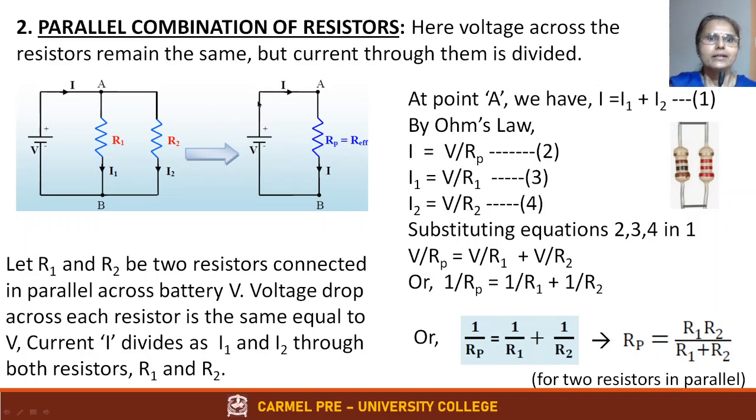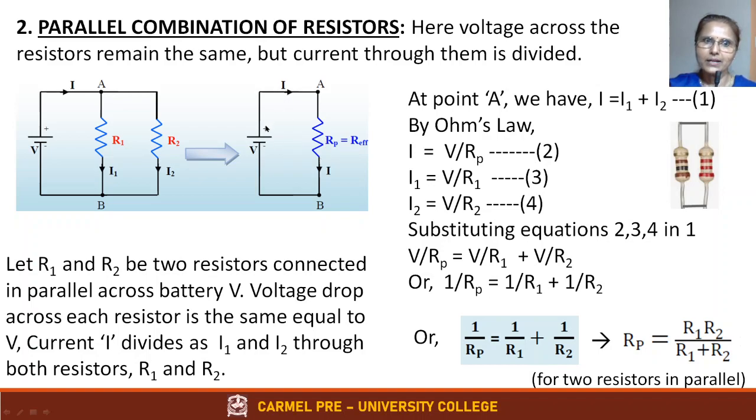Now again, at this point A, current divides, as I told you, into I1 and I2. So we can write I is equal to I1 plus I2. That will be our first equation. By Ohm's law, remember the triangle I showed to memorize Ohm's law, current I is nothing but V by R. So from this equivalent circuit, we can write I is equal to V by RP.